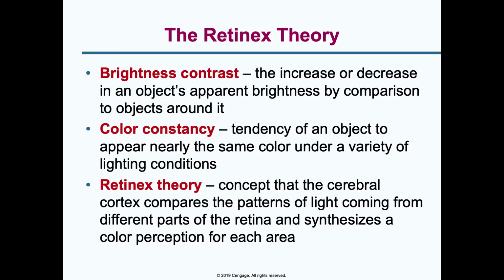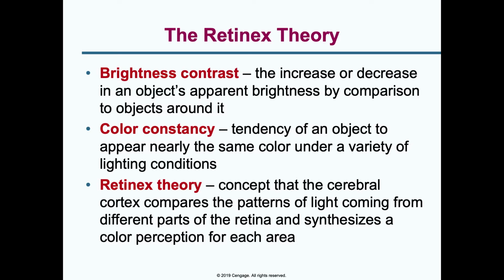The Retinex theory says that the cerebral cortex, and remember the cerebral cortex, you did a whole discussion question on the parts of the cerebral cortex, is the area of the brain that analyzes light, which impacts our perception of what color we are seeing. So the Retinex theory says that the cerebral cortex takes in the pattern of light, analyzes it, compares it, and then comes up with its own color perception.